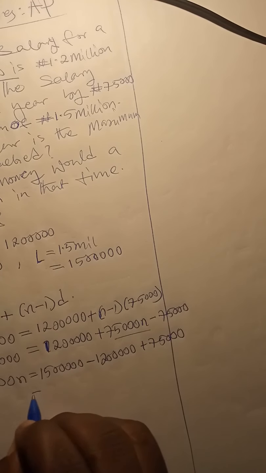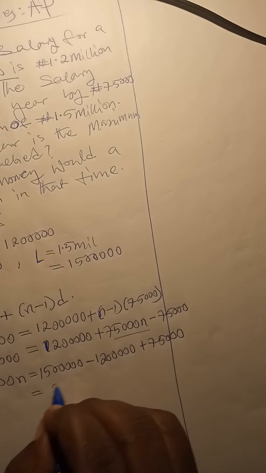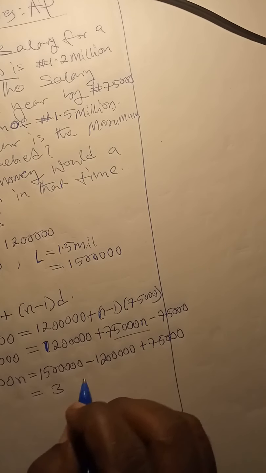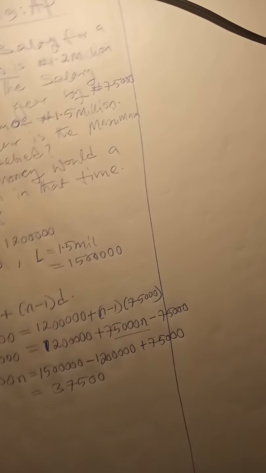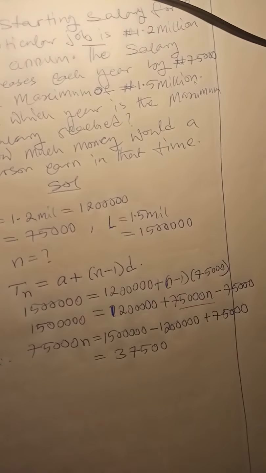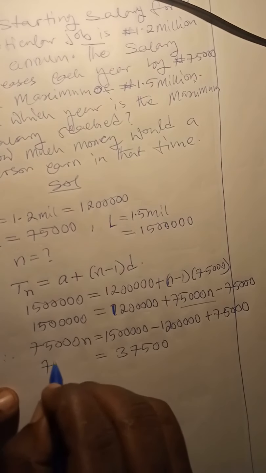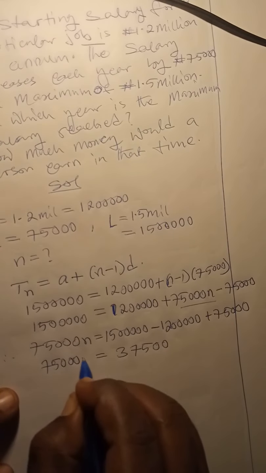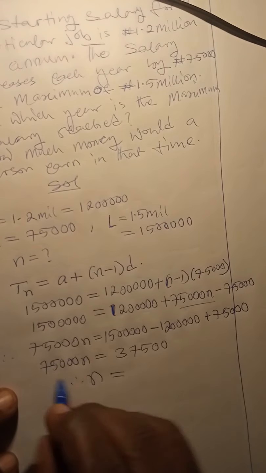That is 300,000 plus 75,000, which is 375,000. So this is what we have for 75,000 N.